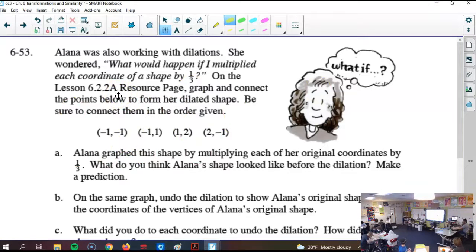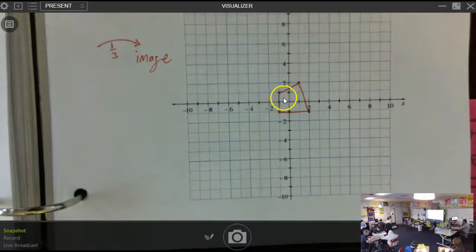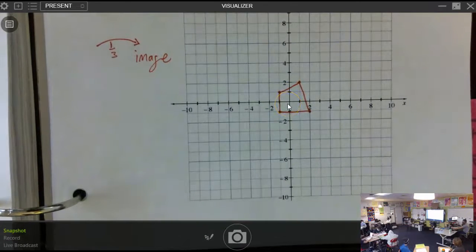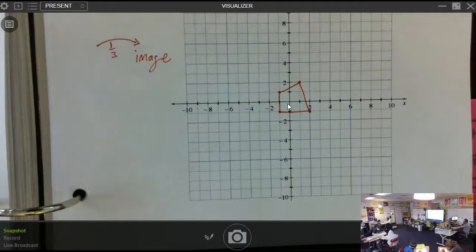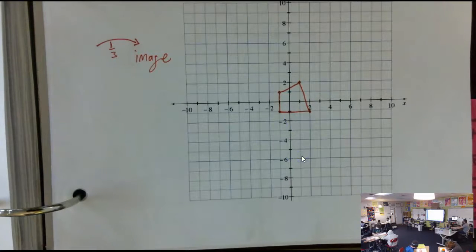Now, Alana immediately starts complaining about how crazy the math teacher is, that they want you to multiply these small numbers by 1/3, and this new shape is going to be teensy tiny. It's not. You don't multiply it by 1/3. Amelia, thank you for raising your hand. What was that, Amelia? You don't multiply by 1/3. This is like 1/3 of the original, so you just multiply it by 1/3.